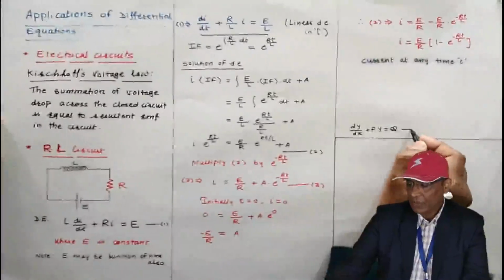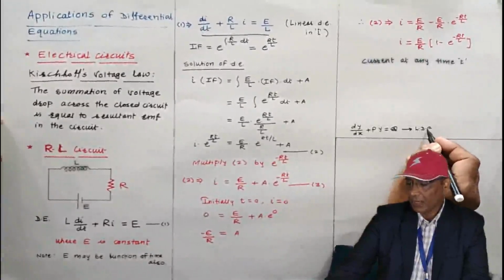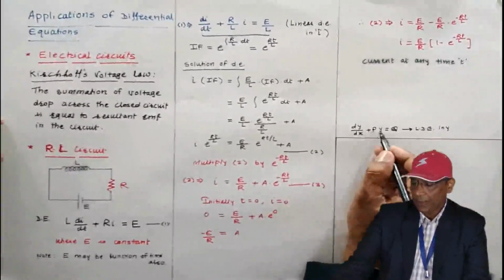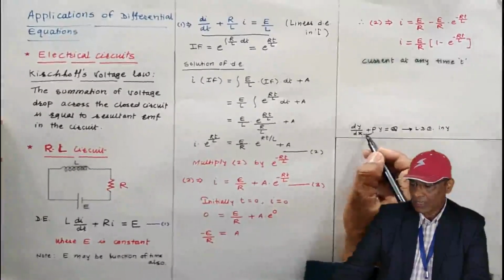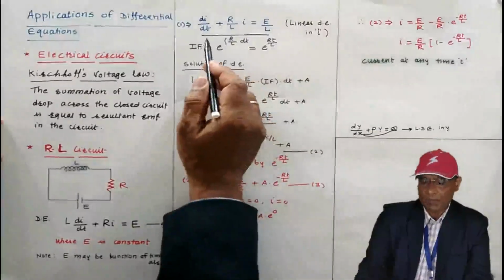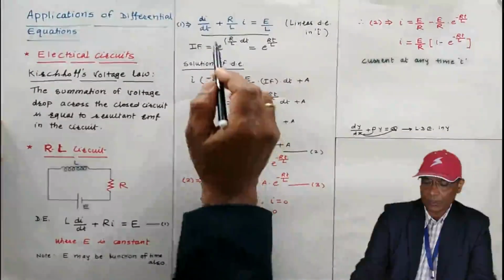This is a linear differential equation in y, where p and q must be functions of x. It is the same differential equation, only y is replaced by I and x is replaced by t.